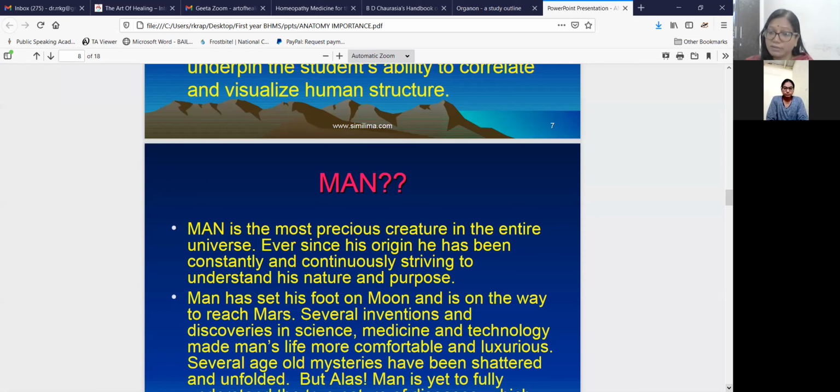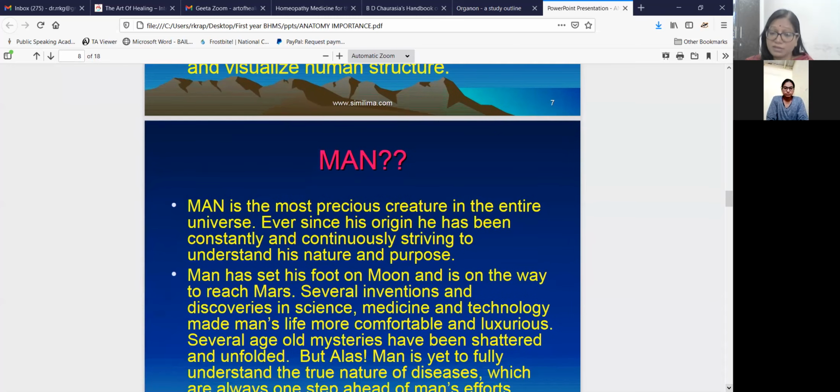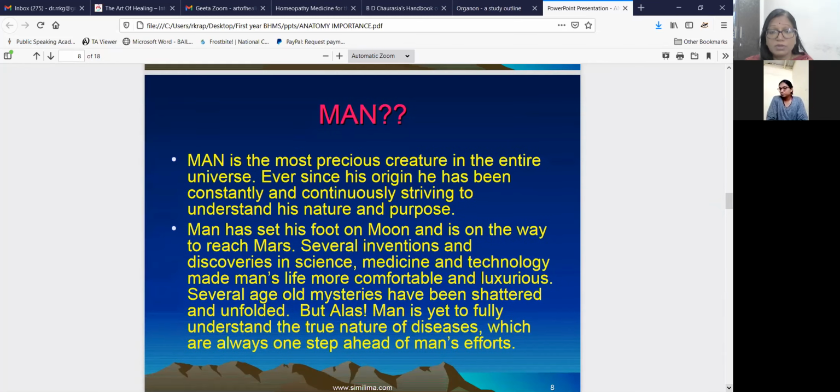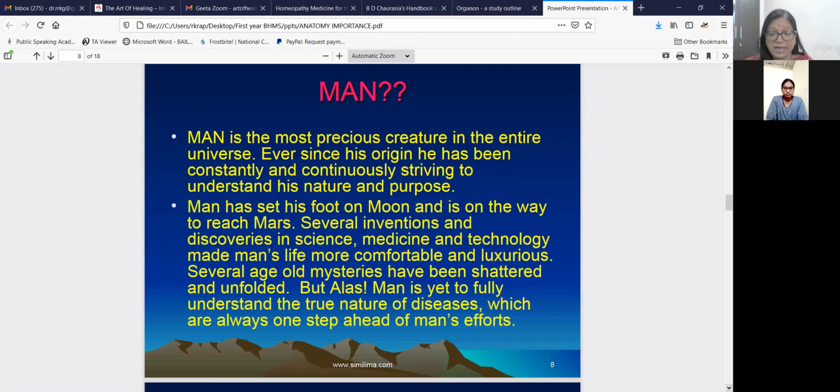At that time, it is utmost essential to examine the patient and understand the structures which have become abnormal. Through various things like radiology or USG, where you are going to look at the organs, those things also you will understand when you study human anatomy.